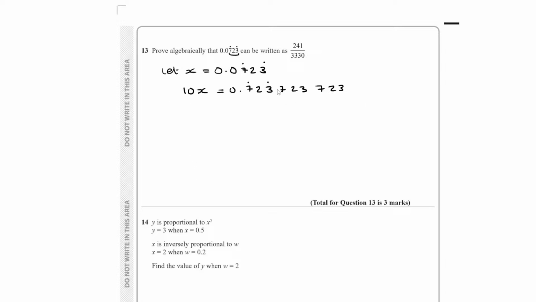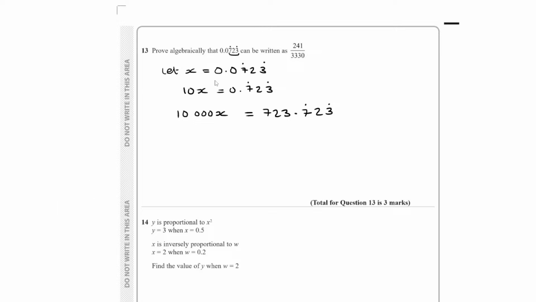So I need to multiply both sides of my equation by 1,000, so 10 times 1,000 is obviously 10,000x, and then this side would be 723, and then the decimal, so 0.723. See how that is the same exact decimal recurring? I can't have it in a different order because now I'm going to subtract the 2, take them away.